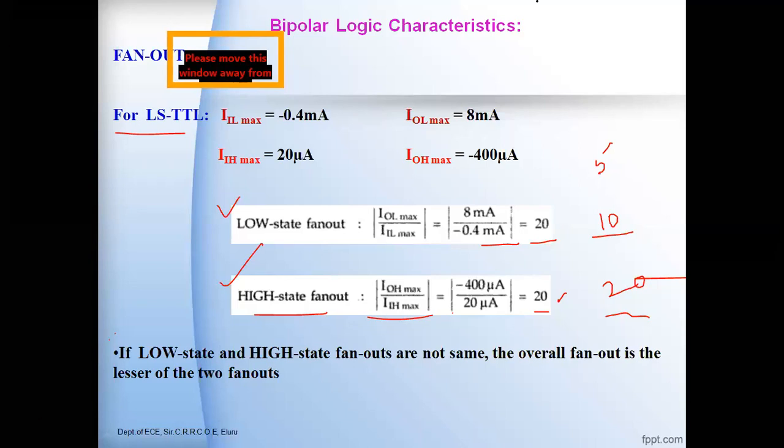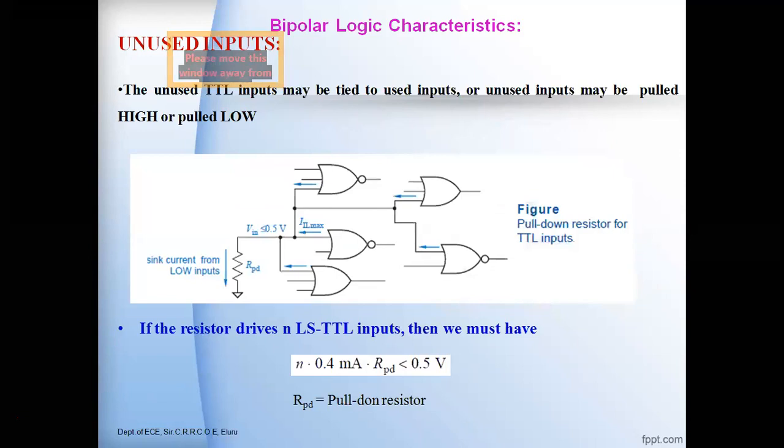The next parameter is unused inputs. In CMOS logic, the unused pins are tied to the pull-up and pull-down networks, to VCC or to ground.